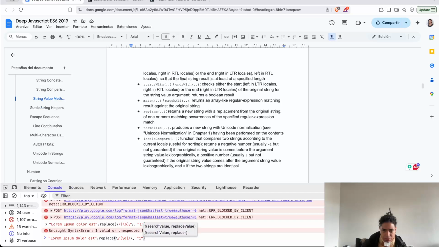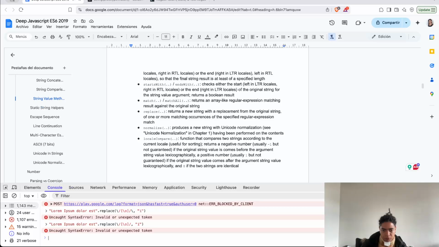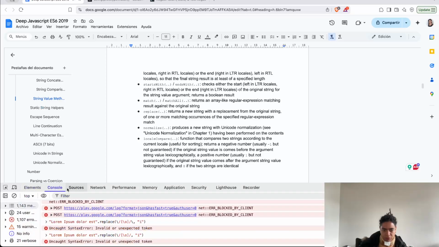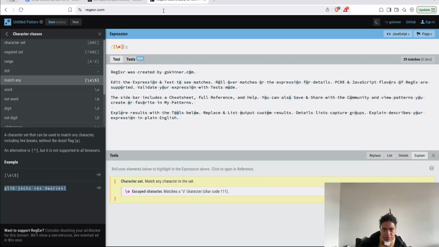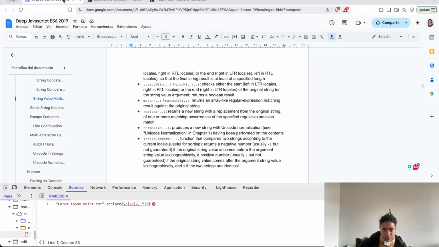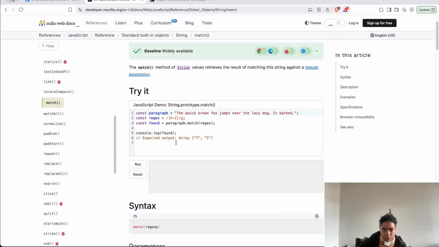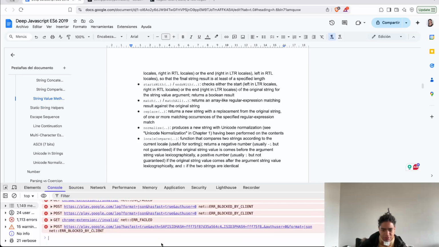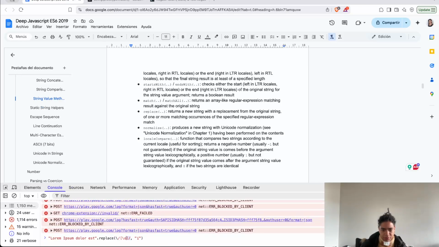Syntax error, invalid unexpected token. Exactly, this is how you create this regular expression.